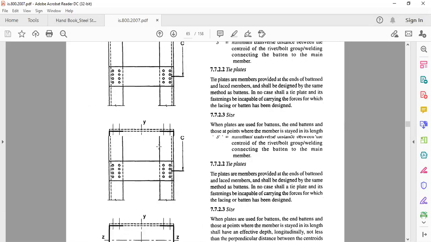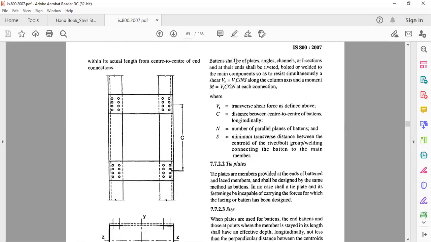But for battens, we can provide sections of plates, angles, channels, or I section. Anything we can give, and it should be either bolted, riveted or welded with the main component, that we have to ensure.